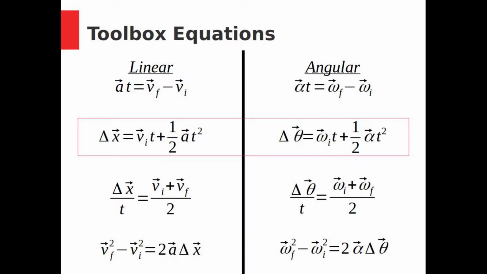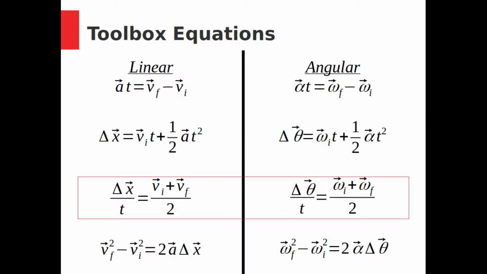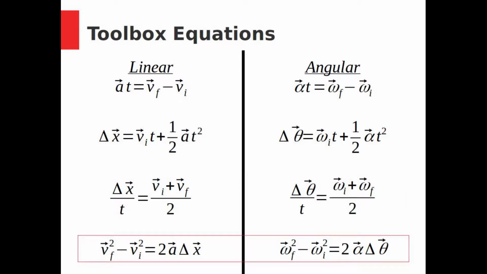The third toolbox equation in linear form said displacement over time equals the average of the two velocities. In angular form, it says angular displacement over time equals the average of the angular velocities. And finally, the fourth equation says final velocity squared minus initial velocity squared equals 2 times acceleration times displacement.